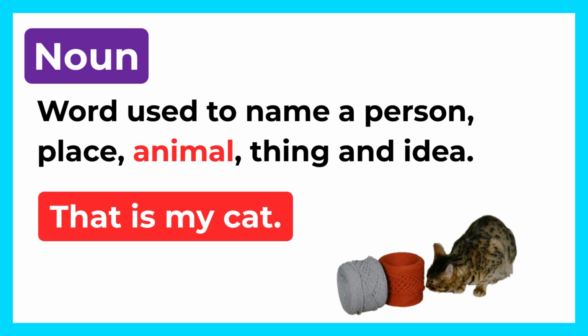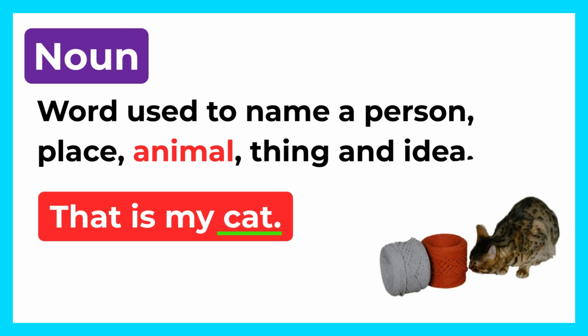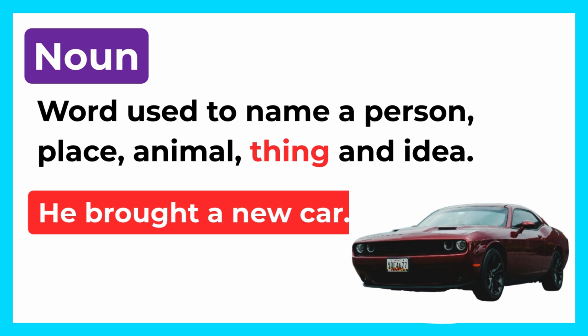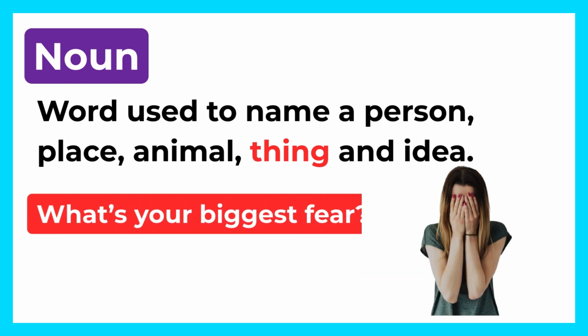That is my cat. The noun in this sentence is cat because it's the name used to refer to an animal. He bought a new car. The noun in this sentence is car because it's the name used to refer to an object or a thing.